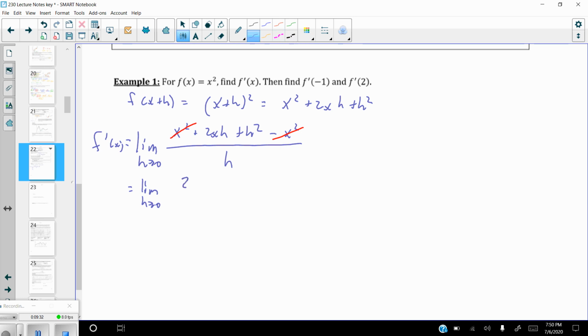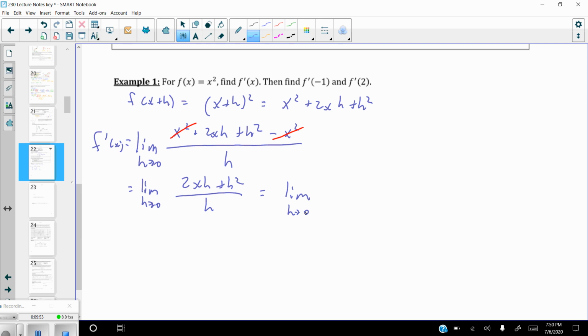So we're going to have 2xh plus h squared over h. Still have the limit. Okay, we're going to take the limit as h approaches 0, because I still can't plug in 0 yet for h, because I'm still going to get a 0 in the denominator, which is not going to work.